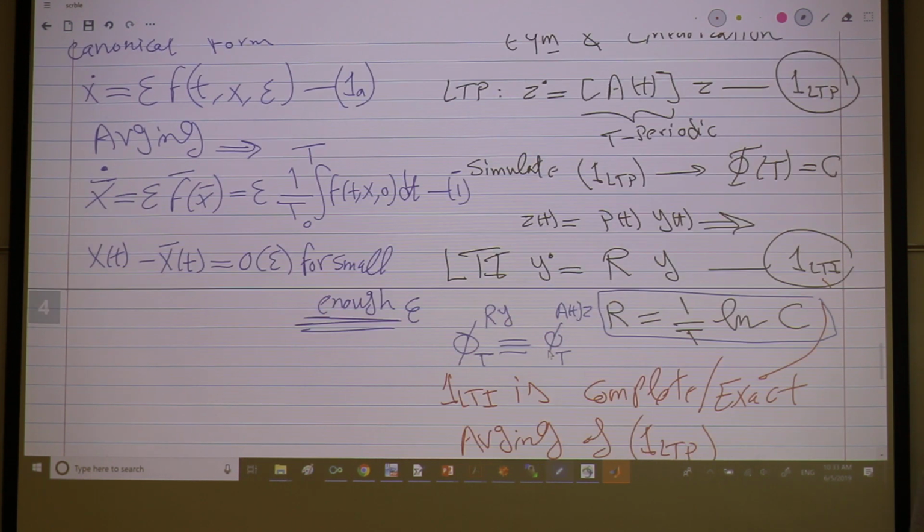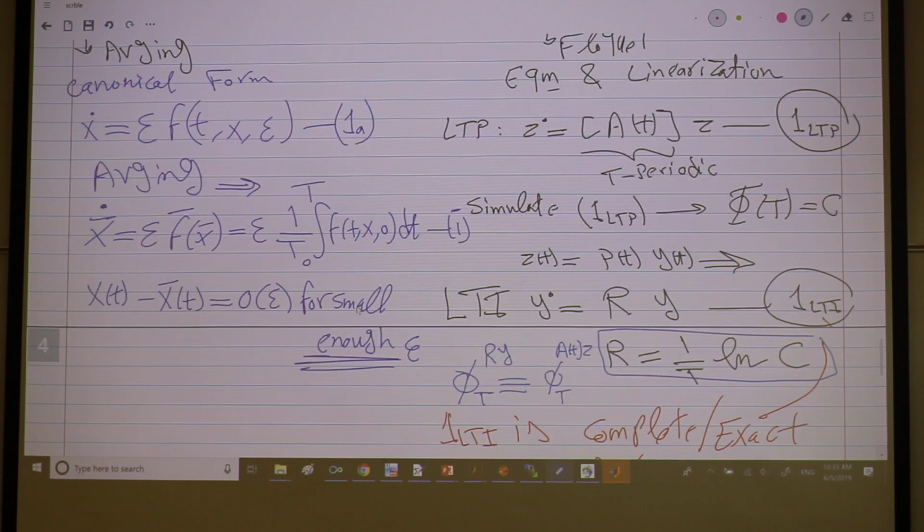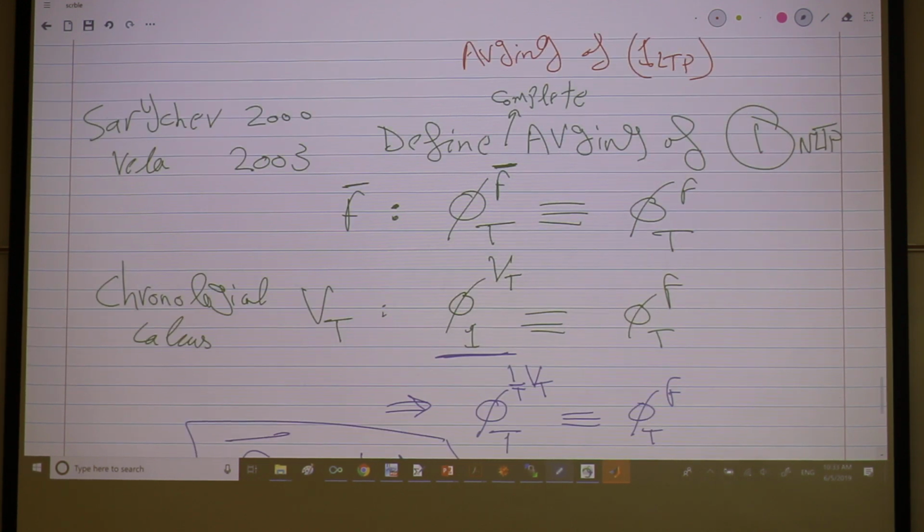I'm not sure. Okay. So one thing here, if we have epsilons in front of our f's, there is no forcing here to put it in the canonical form of averaging, which is a great plus. Although, please put it in the canonical form of averaging. This thing works whatsoever.